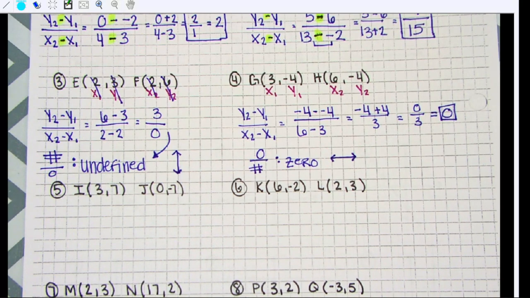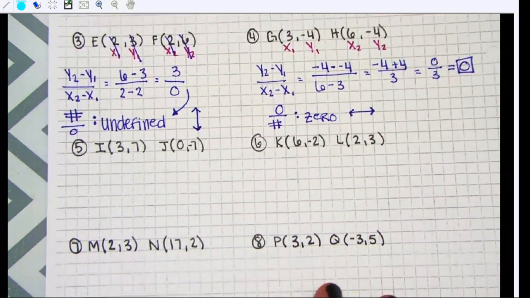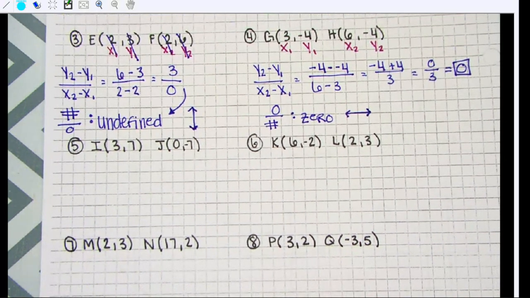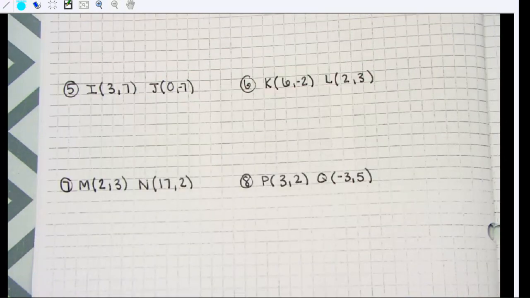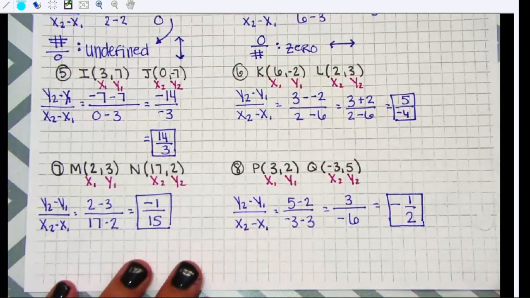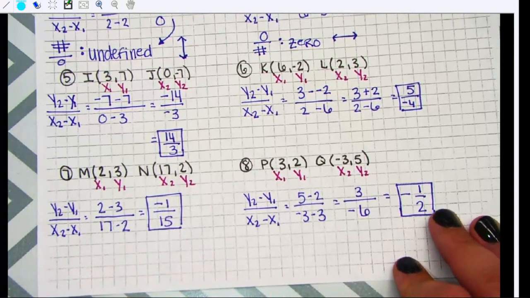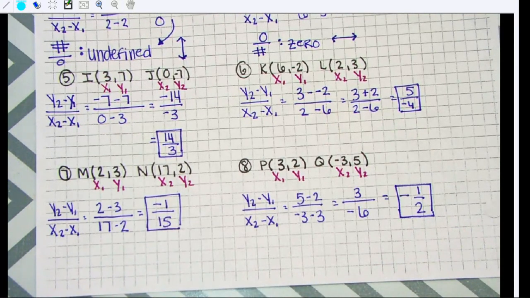All right, let's finish out 5 through 8. So if you're working ahead, that's awesome. We'll talk about how to count slope in just a second. All right, so let's go over some answers. So on number 5, you should have gotten positive 14 over 3. Now, if you wrote negative 14 over negative 3, remember a negative in the top and bottom of your fraction is going to be positive. So 14 over 3.